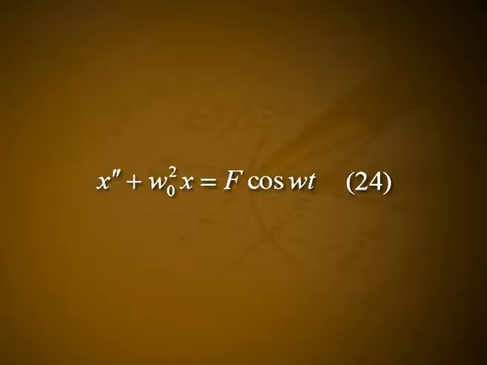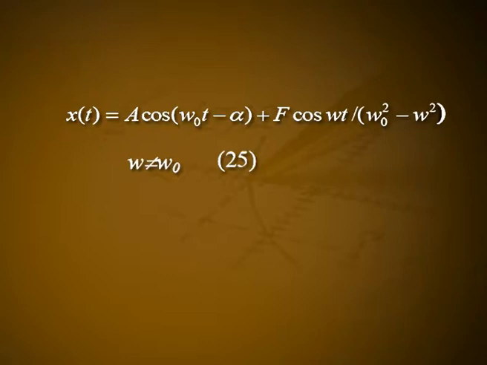That is, in the absence of the external force, the motion is simple harmonic with period 2 pi by omega naught, and the external force is periodic with period 2 pi by omega. The solution of equation 24 is given by x of t is equal to a cos of omega naught t minus alpha plus f cos omega t by omega naught square minus omega square.